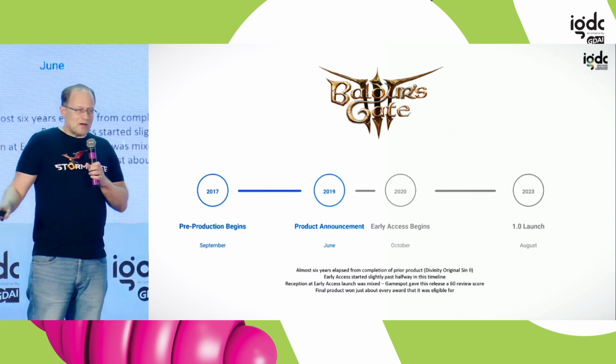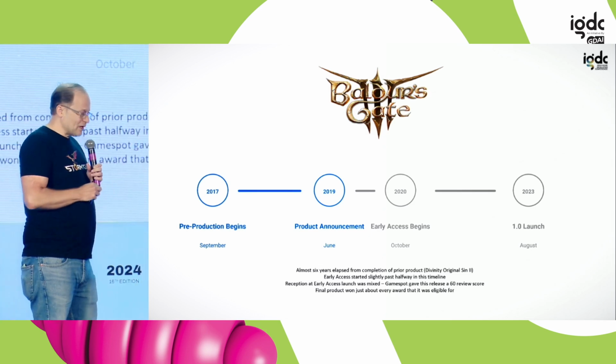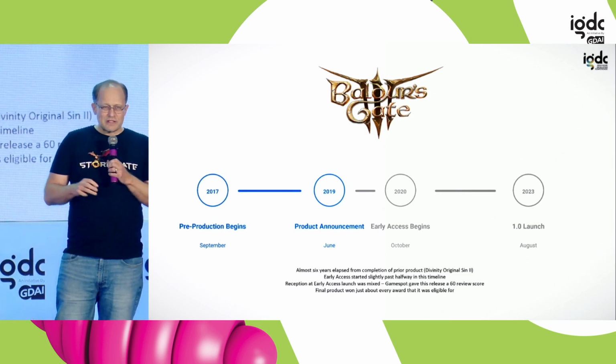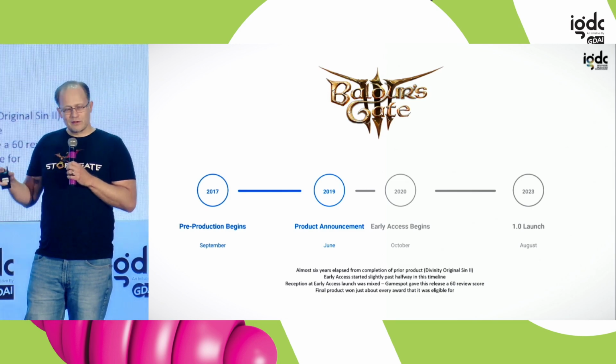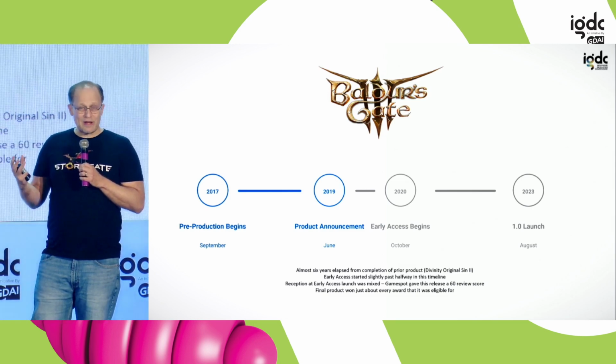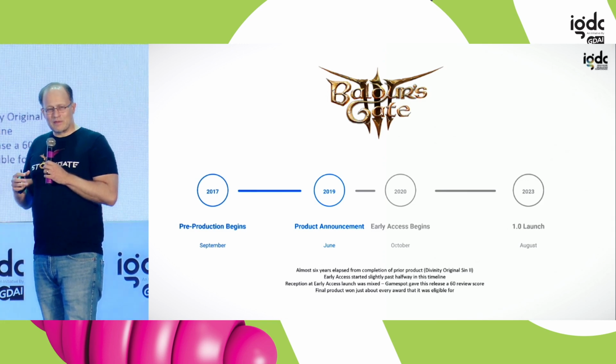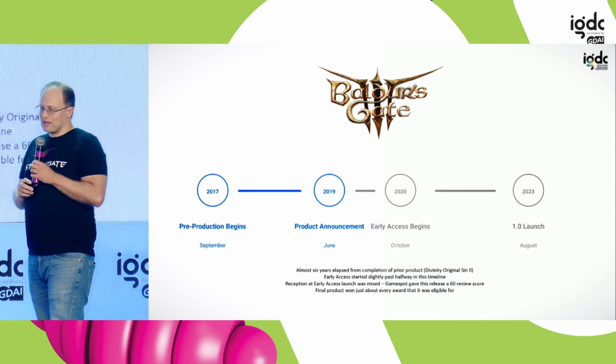When that game came out as a 1.0 launch, it kind of took the industry by storm. They won just about every Game of the Year award that there was to win. It was a triumph in terms of an independent studio producing a game that was tremendously high quality.